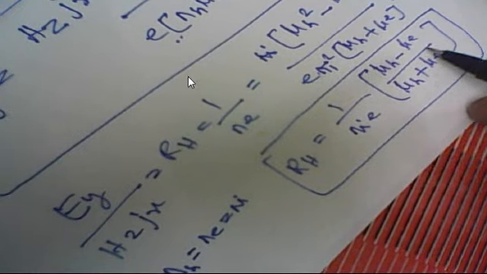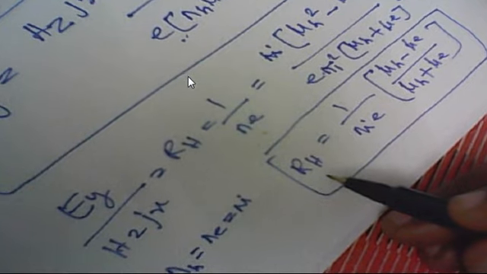So this is the Hall constant for an intrinsic semiconductor.